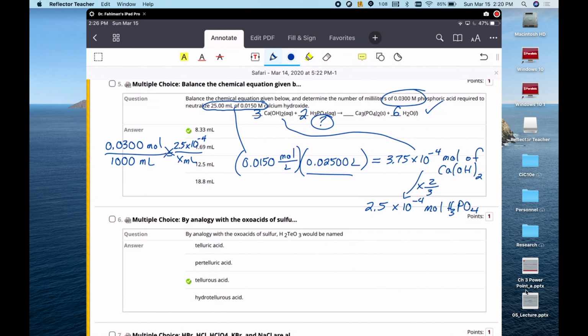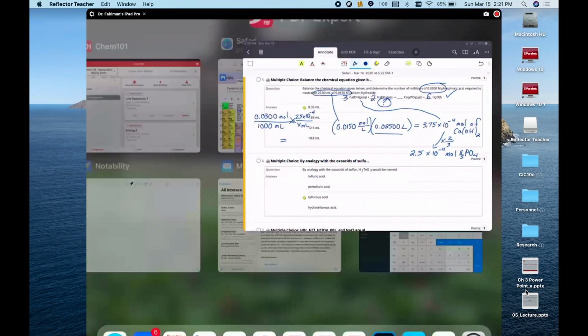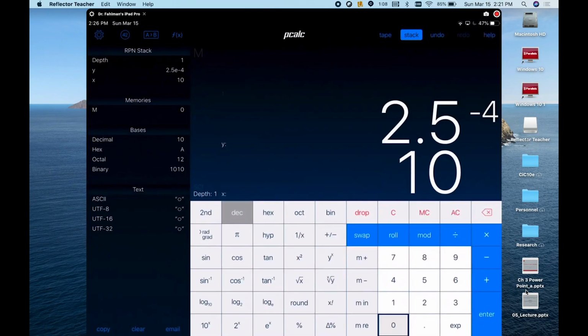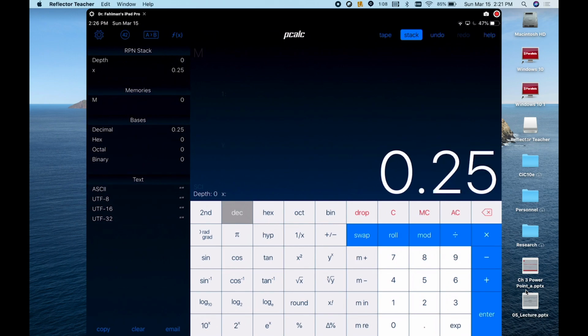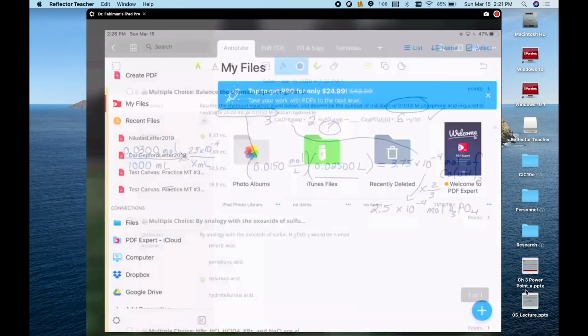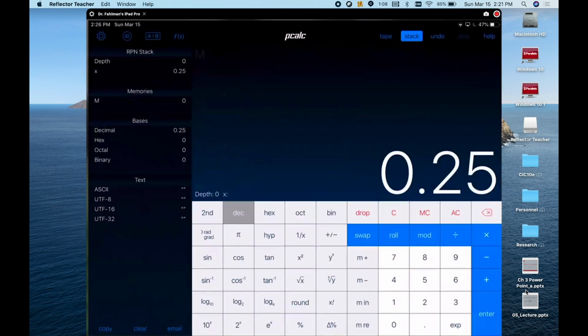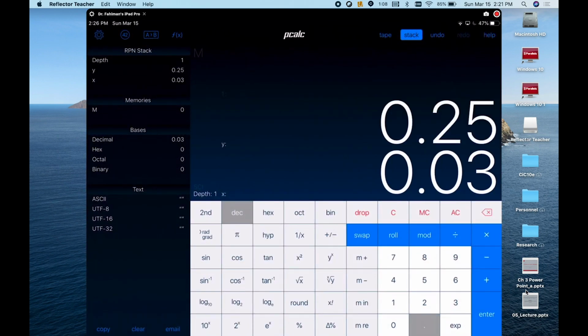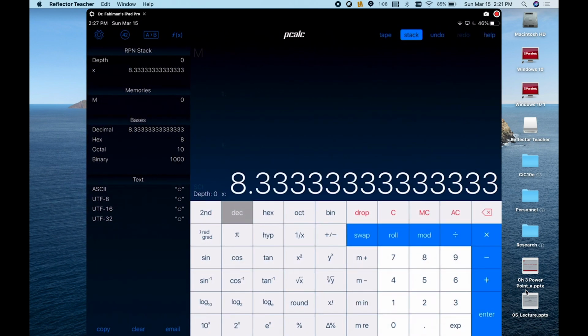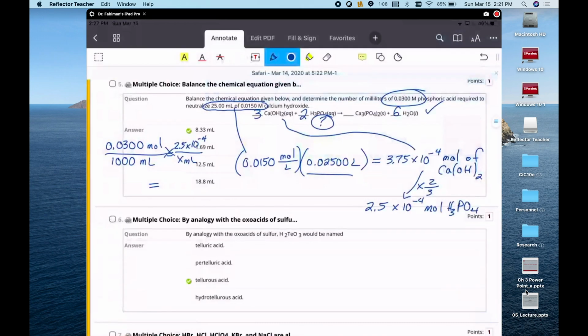You set that up, and hopefully we end up with 8.33. So you do 2.5 times 10 to the minus 4 times 1,000 divided by 0.03, and we get 8.3 mL, which is the right answer.